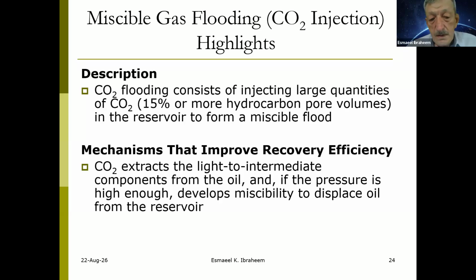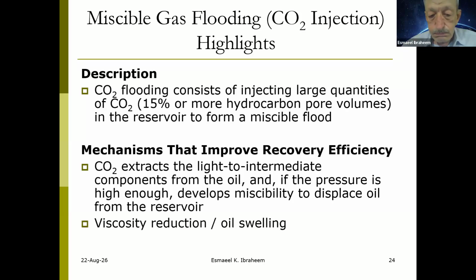As we said, this CO2 extracts the light to intermediate components from the oil, which makes the front between the CO2 and the oil push, not make a bank between the oil and CO2, in order to keep working on the oil.